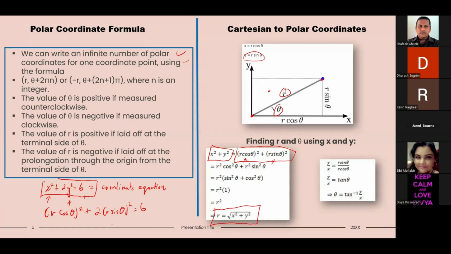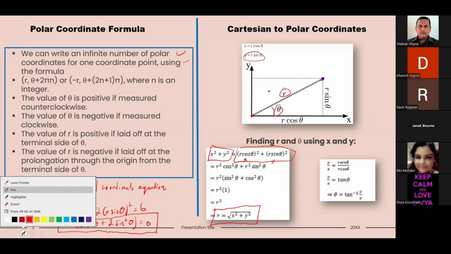So you just simplify here, you factorize it, and you're going to end up with r squared, and you get this as your polar equation.